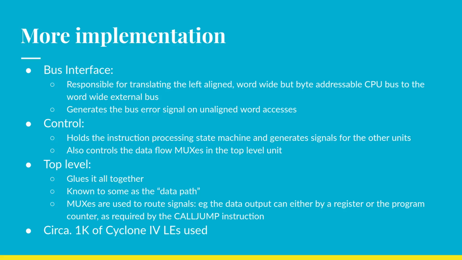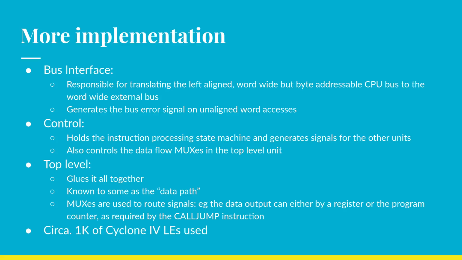So, for instance, the word being outputted at any time can either be from the register file, or it could be from the ALU. I think I'd have to think that through. It's been a while since I looked at the code for this project. But basically muxes are used to route the buses between the different elements.